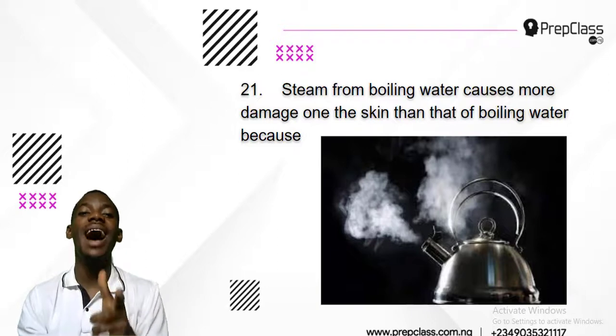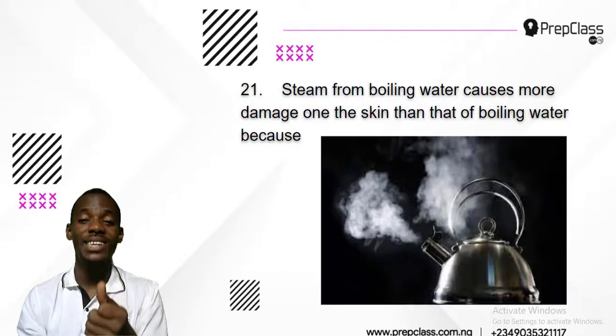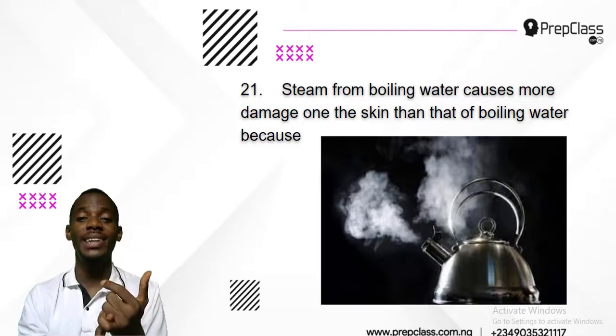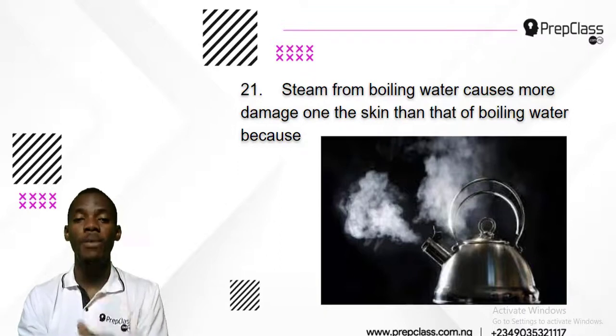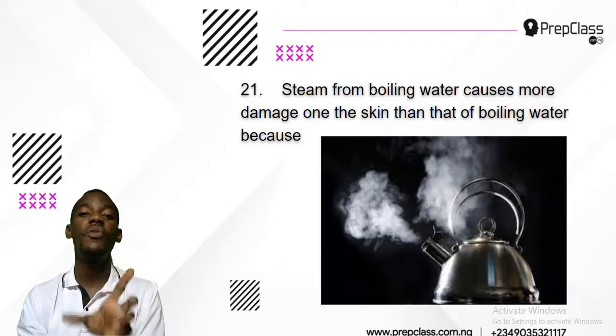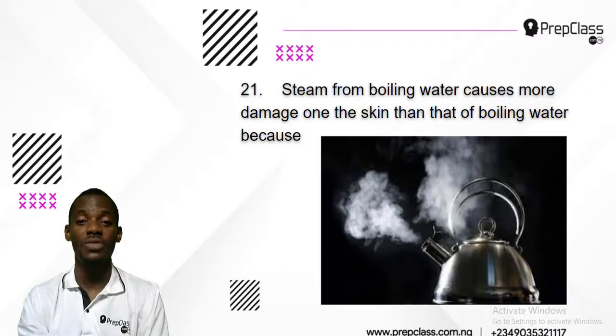Why? Because it has more kinetic energy, and it is hotter. The proof is that it has more kinetic energy, so it can move more freely than the water itself.